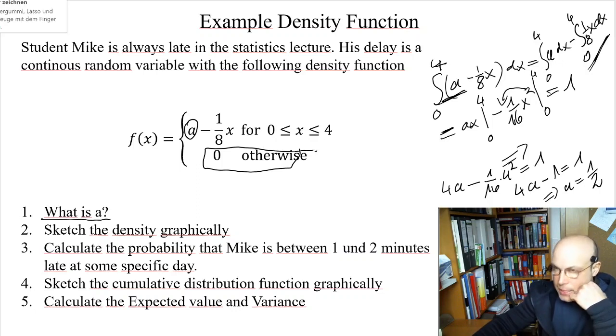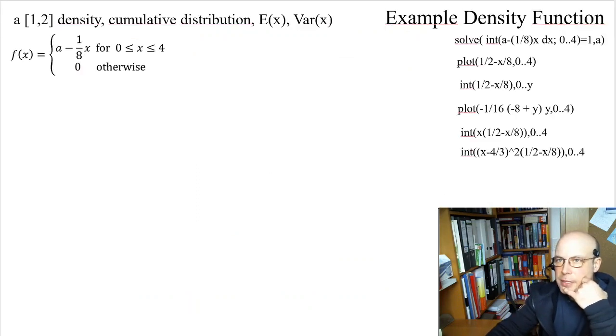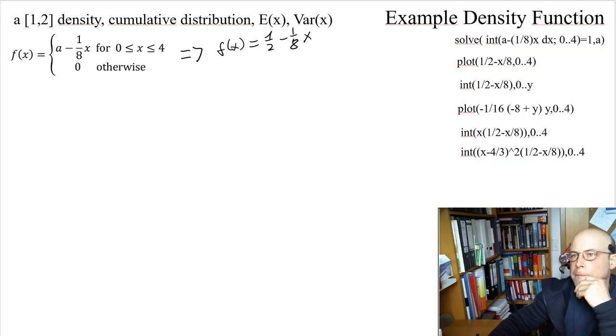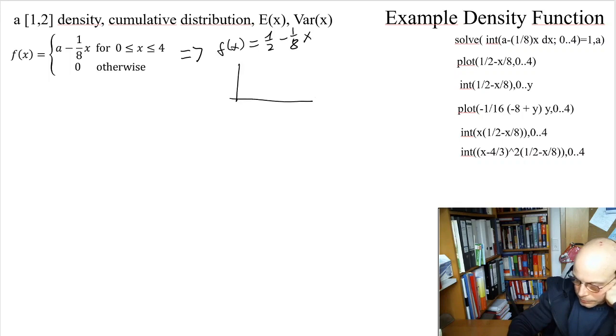So then we can say that our density function is just f of x equals 1/2 minus 1/8 times x. How does it look like? Well, of course, for x is 0, we have 1/2 here.